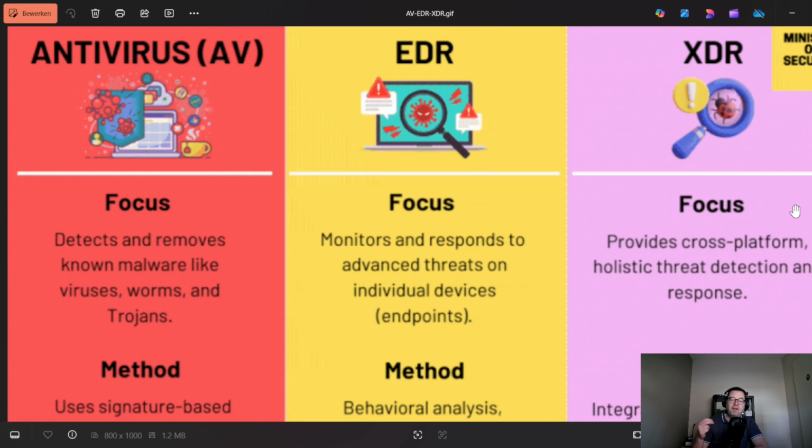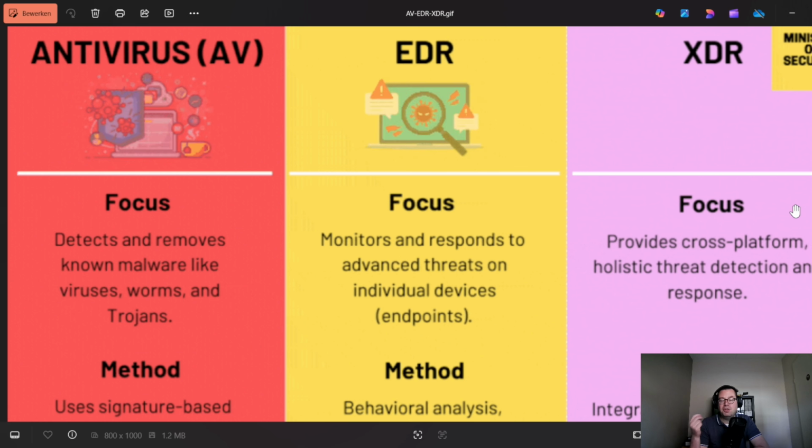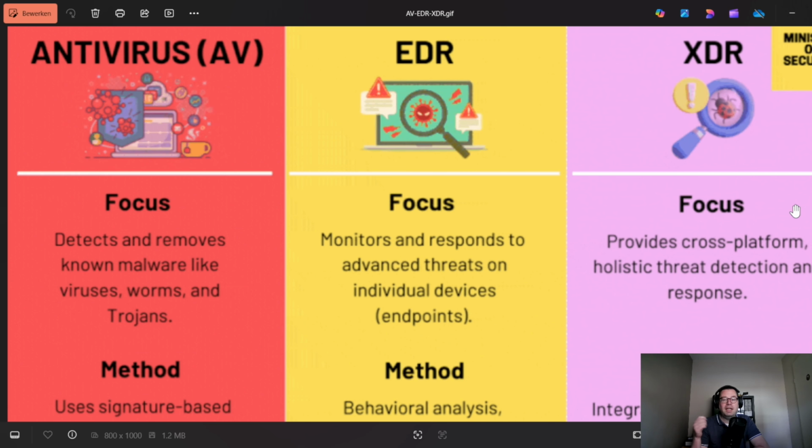Each individual virus or malware has a certain signature to it, and that is loaded into the signature database. That's why it's very important that your antivirus software is updated, and they usually get an update overnight or every morning that you start up your computer. They check if there are new virus signatures available, and then you're protected again for that day, so to speak.